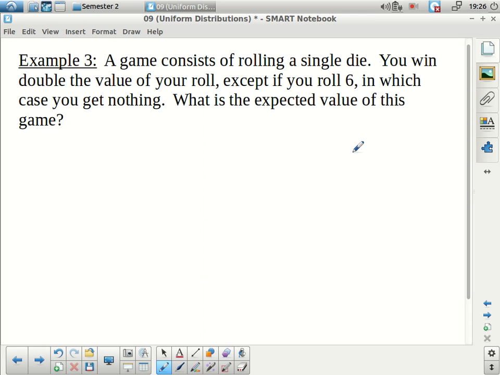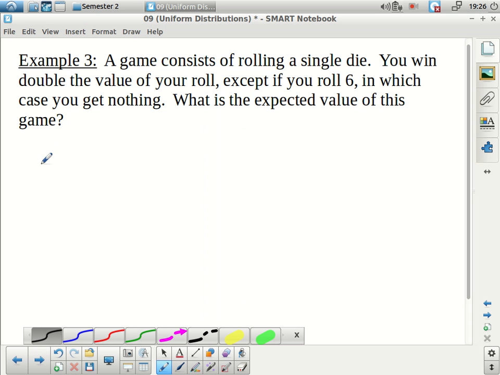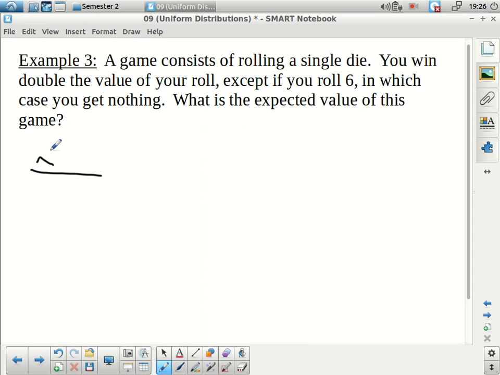So you could add that to the definition if you wanted to. All right, example 3. A game consists of rolling a single die. You win double the value of your roll, except if you roll 6, in which case you get nothing. What is the expected value of this game? For this one, we'll do a quick little chart. We know the probabilities are all going to be the same.